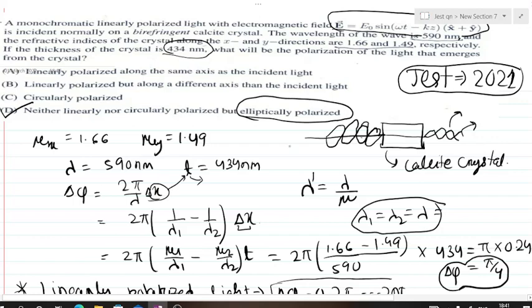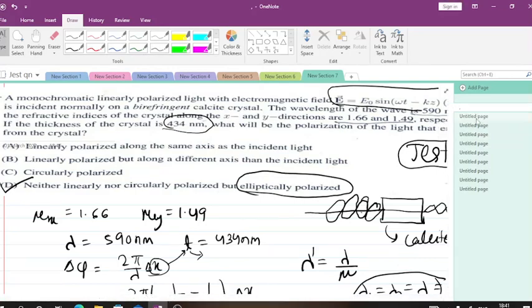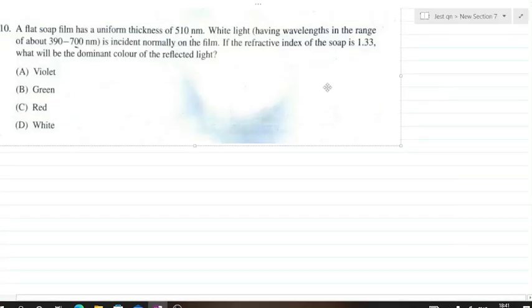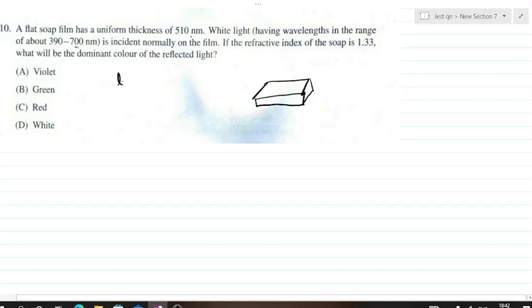Okay, let's go to the next question. A flat soap film has a uniform thickness T equal to 510 nanometer.